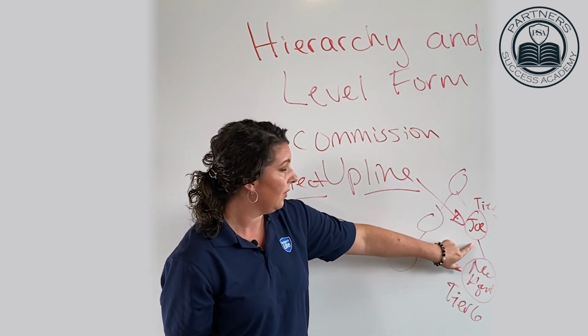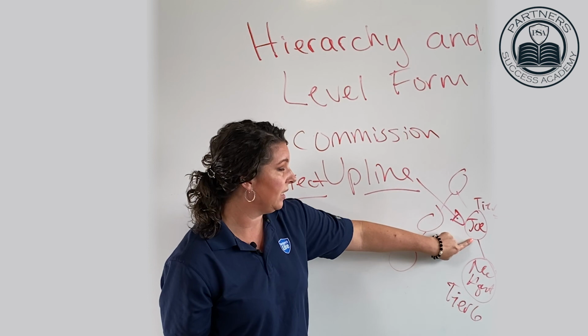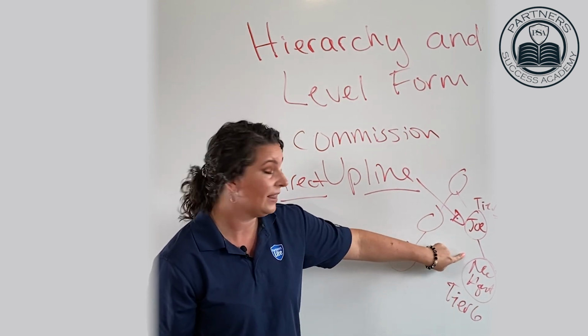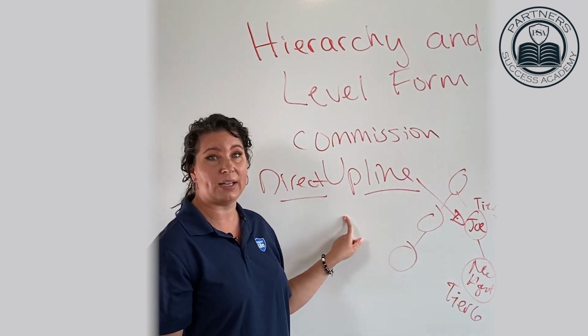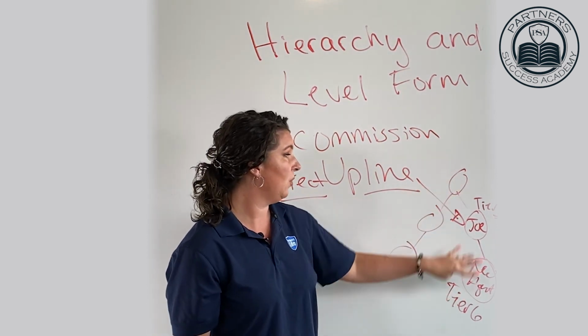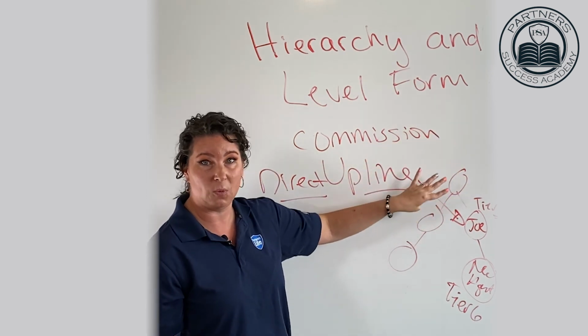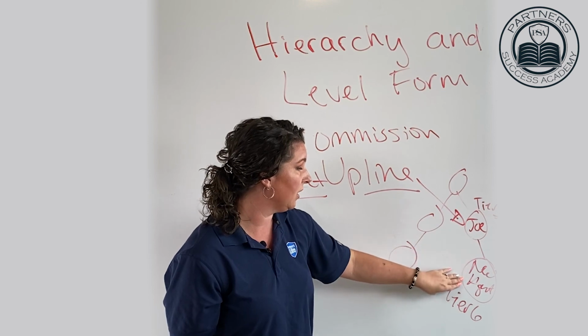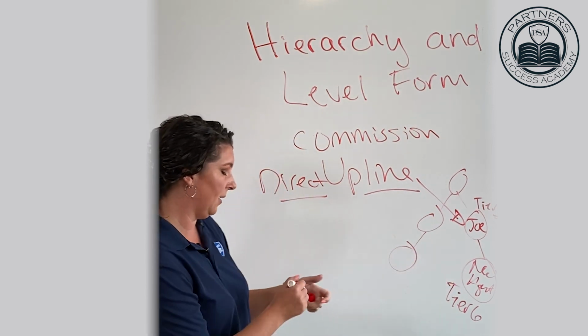But if you want Joe to receive volume credit for this downline recruit, they have to be listed as the direct upline no matter what the commission level is, because this is where you go to my team in the website and you can see all the shields and everything. If you want it to look like this, this is how you have to list them.